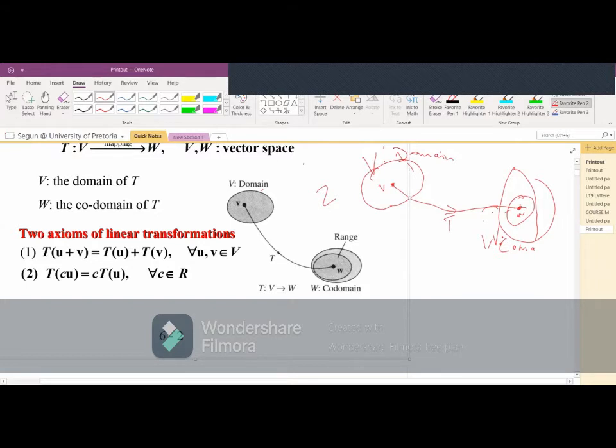Okay, what I'm saying is this. For example, in my own case, I can take it this way. Let me say, this is my domain. My domain is 1, 2, 3, 4. Don't forget what I call it, domain.